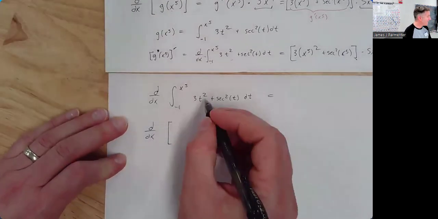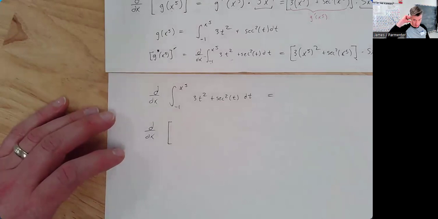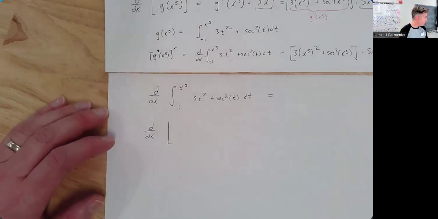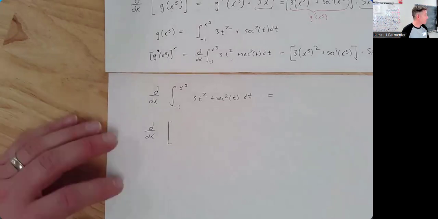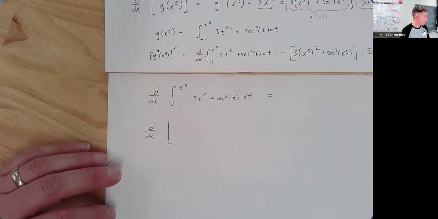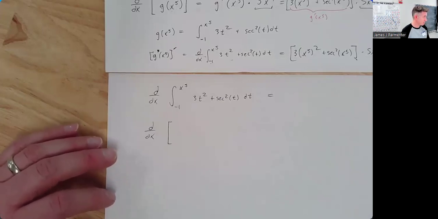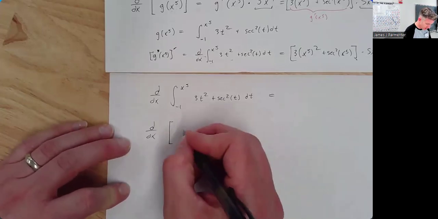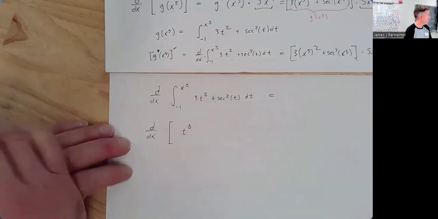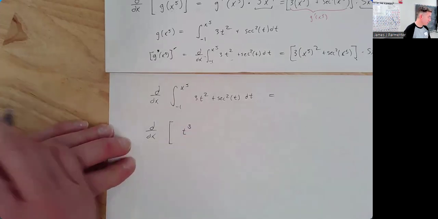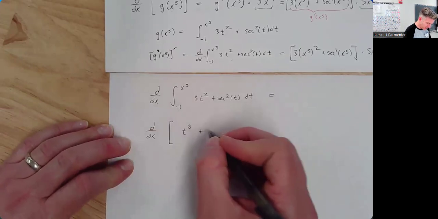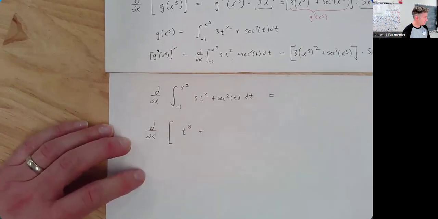Well, what's the antiderivative of 3t squared? Which is going to be t to the third, because the 3's cancel. What's the antiderivative of secant squared of t?